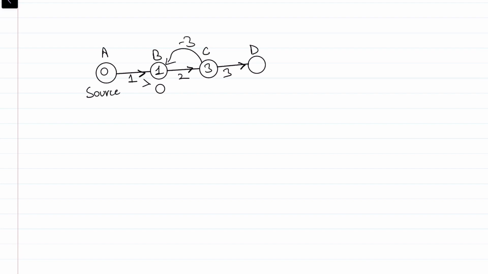Similarly, if I repeat it again, the distance from A to C becomes 2, and the distance from A to D becomes 5. Earlier it was 6. Now similarly, if I keep on doing this, I'll keep on decreasing the distance from the source node to all the other nodes.